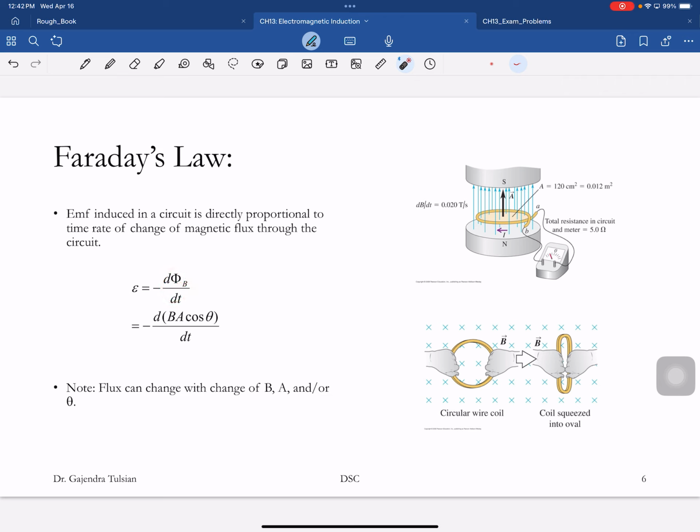Okay. All right, so here's magnetic flux. Magnetic flux is B dot A, which is B times the area vector times cosine of the angle between them. So if you have an area like that and a B field like this, theta is that angle.